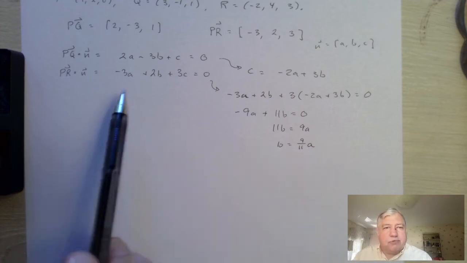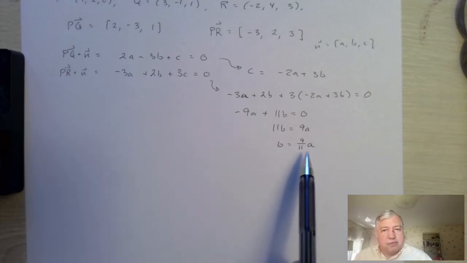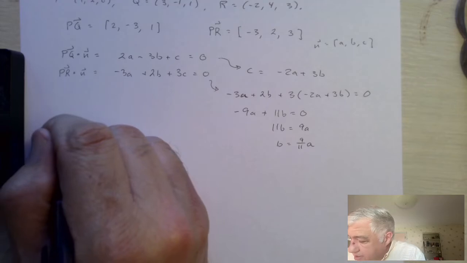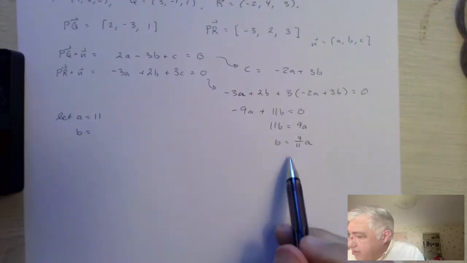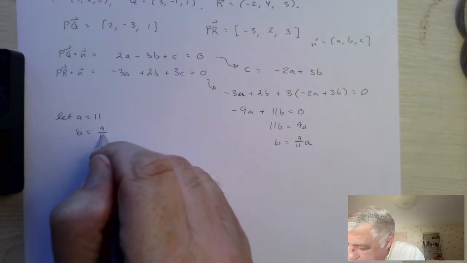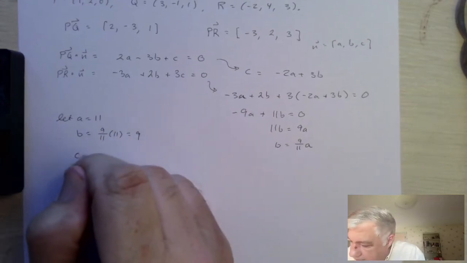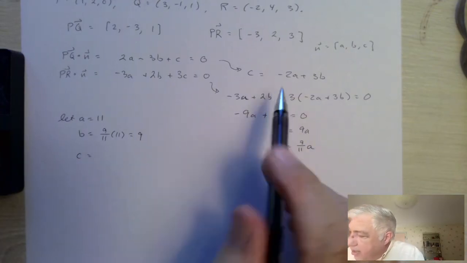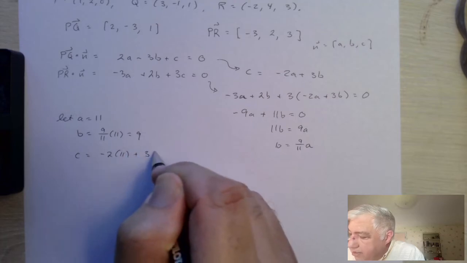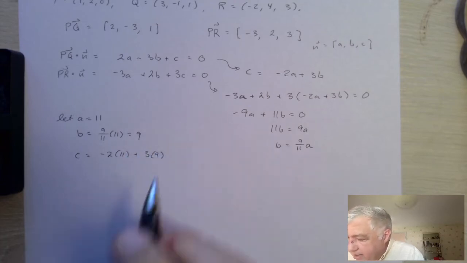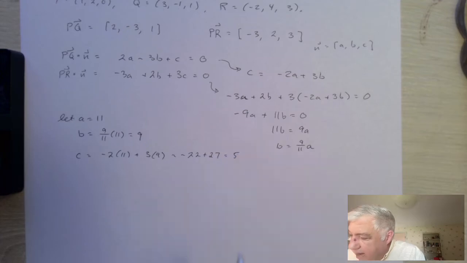We want a non-trivial solution. I'm going to pick A equals 11, just so we don't have to deal with fractions. B then is going to be 9/11ths times 11, that's 9. And then C, remember, is negative 2 times 11 plus 3B, which is minus 22 plus 27, or 5.